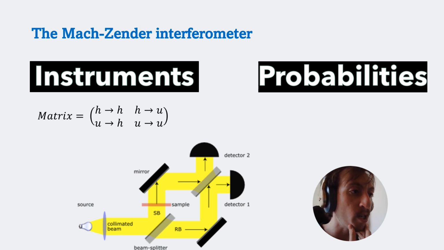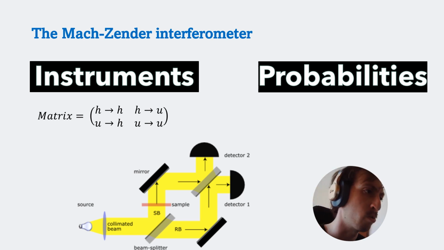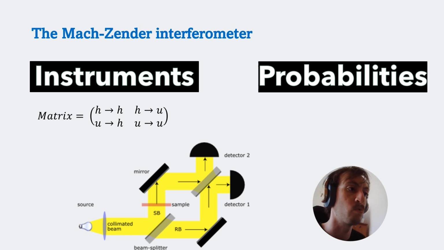And the first part of this matrix is going to correspond to what happens when the photon travels horizontally and continues to travel horizontally. So in other words, it corresponds to the photon just carrying on travelling horizontally after encountering the device.